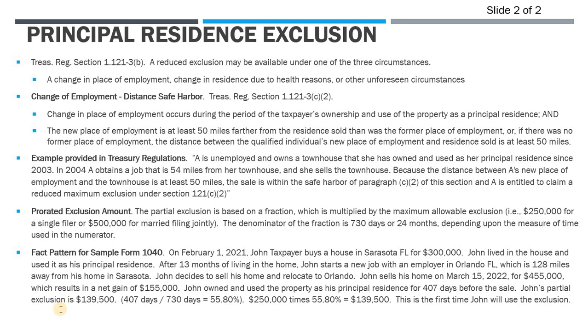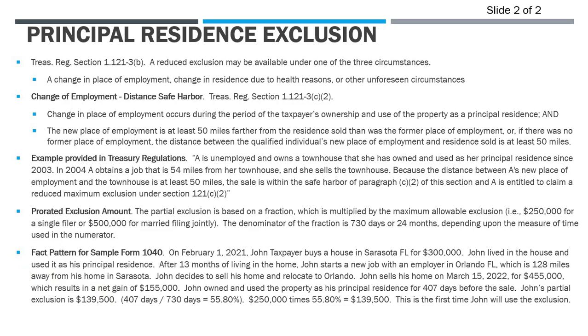His partial exclusion is going to be $139,500. If we take the number of days owned and used, 407, divided by 730, we have 55.8%. Multiply that by $250,000, which is the maximum he would get. So $139,500 is the maximum amount of exclusion that John could take on his tax return.